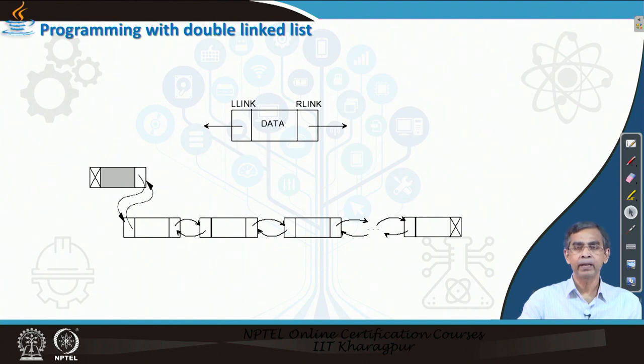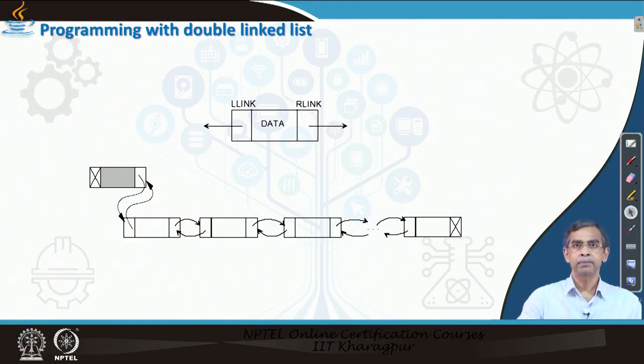So, you can define a node in case of the double linked list, and then the linked list structure is the same. There is also a header here, but the left link of the header should be made null, you should keep that consideration in mind, and then come to the different operations.